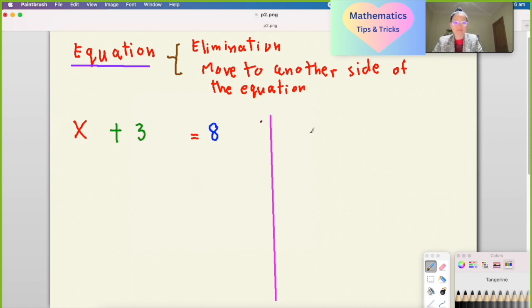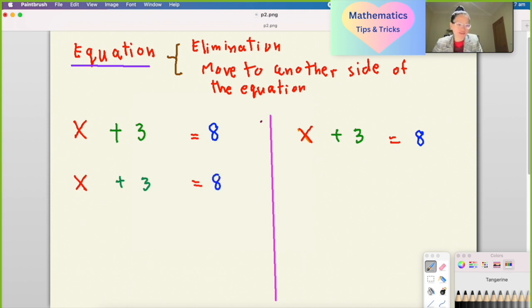Same thing: x plus 3 equals 8. Let's go. Grace, let's go: x plus 3 equals 8, how can we do it?